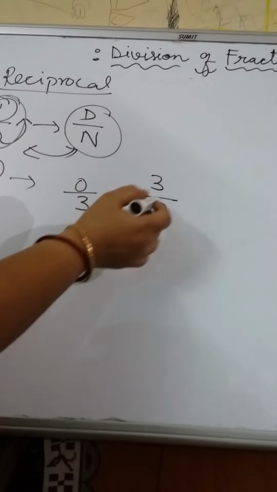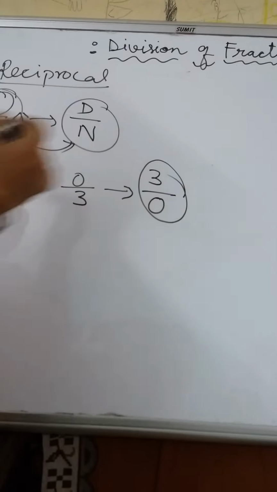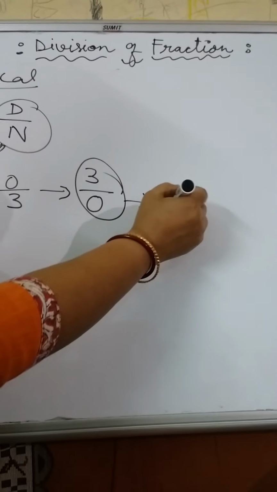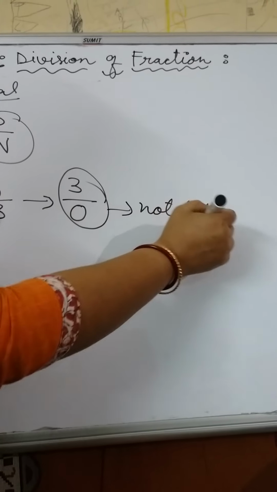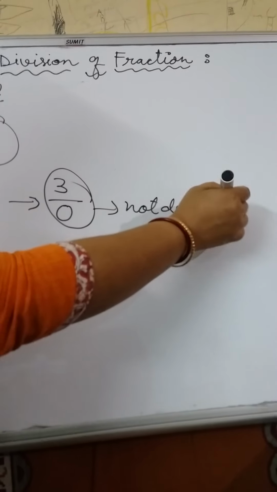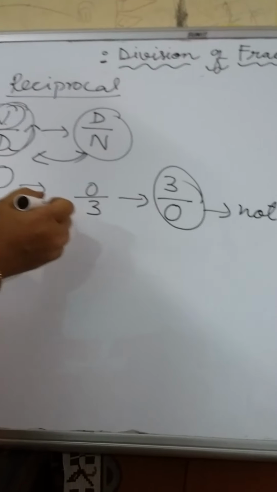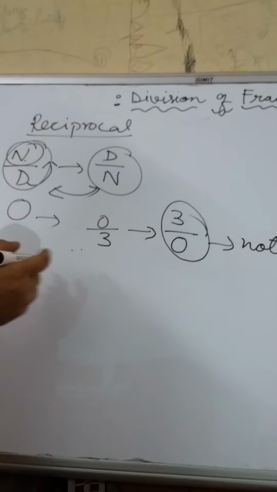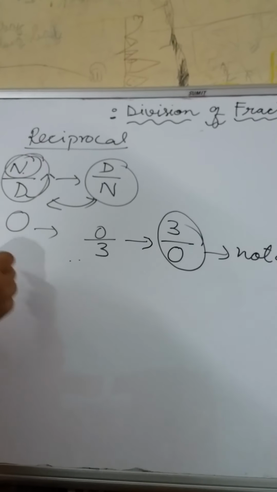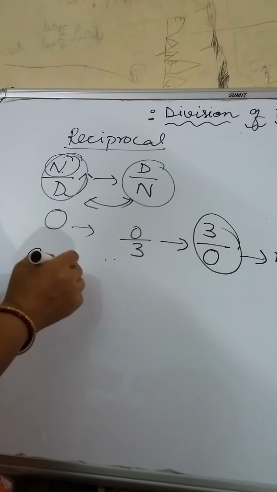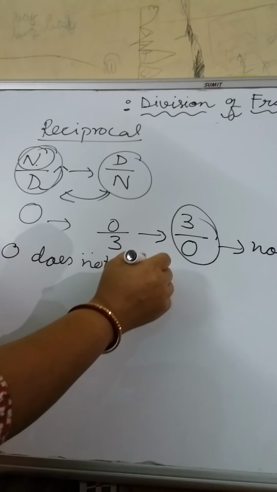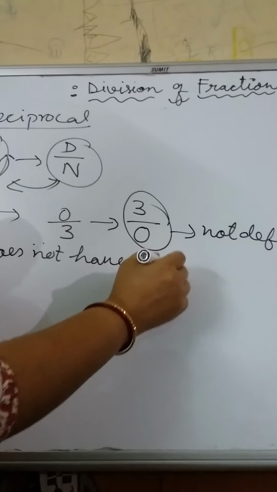But you know that something divided by 0 is not defined. So 0 has an undefined reciprocal, or in general we say 0 doesn't have any reciprocal.